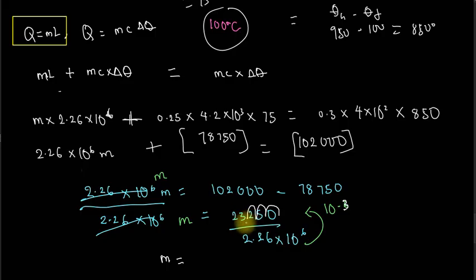So 23.250 times 10 to the power minus 3 all over 2.26. So this can easily be divided on the calculator. I don't know why I stopped there. 23.250 divided by 2.26.